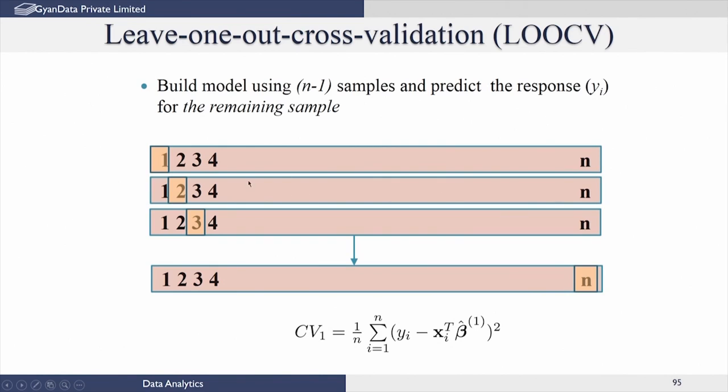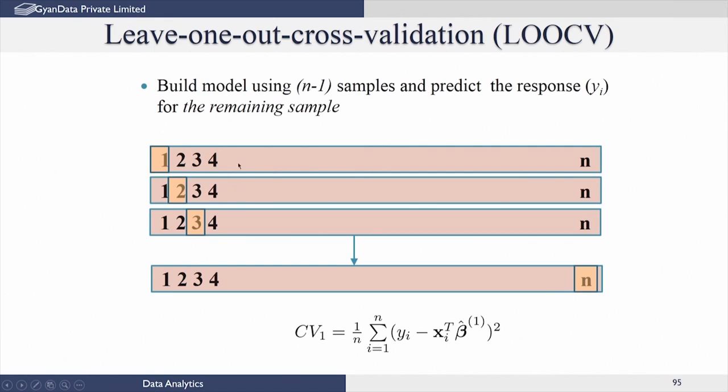Similarly, in the next round you leave out the second sample and choose all the remaining for training, and then use that model for predicting on the sample that is left out. Every time you build a model by leaving out one sample from this list of n samples and predict the performance of the model on the left out sample. You do this for every choice of the model parameter.